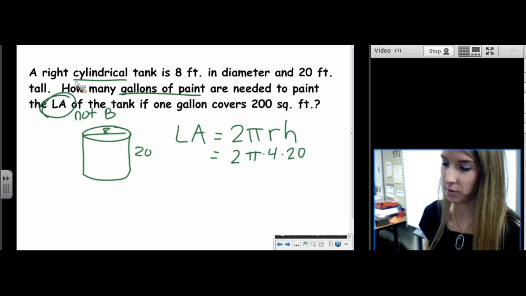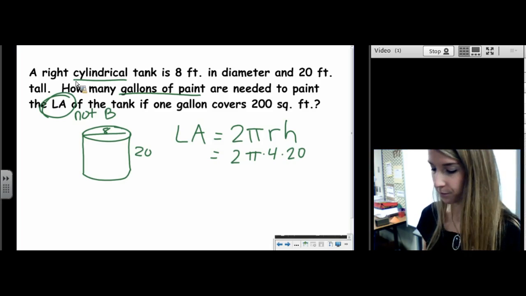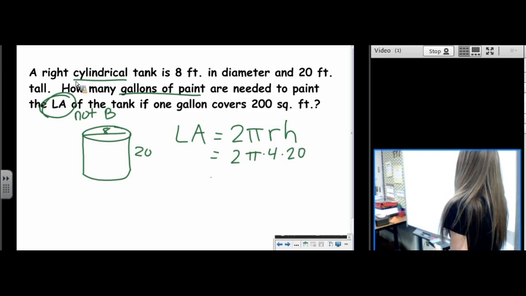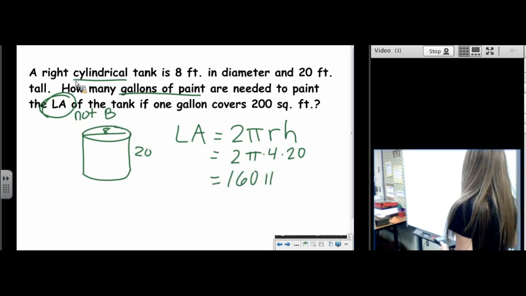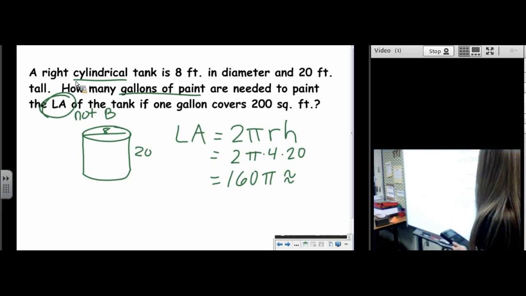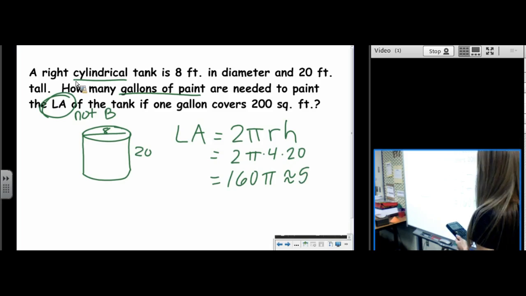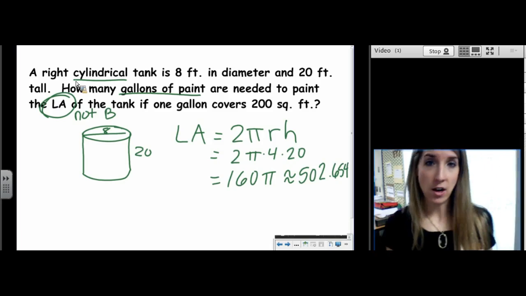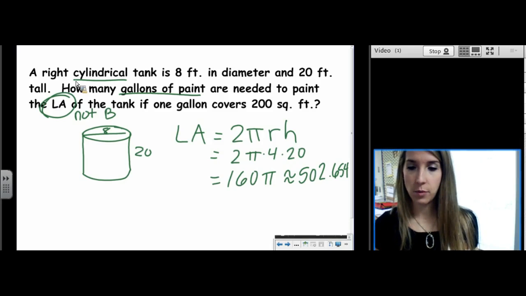Okay, but we're going to end up multiplying it by 2, aren't we? So we have 160 pi, which if we press pi and we approximate that, we get 502.654. Okay, so that's how much area we need to paint, 502.654.